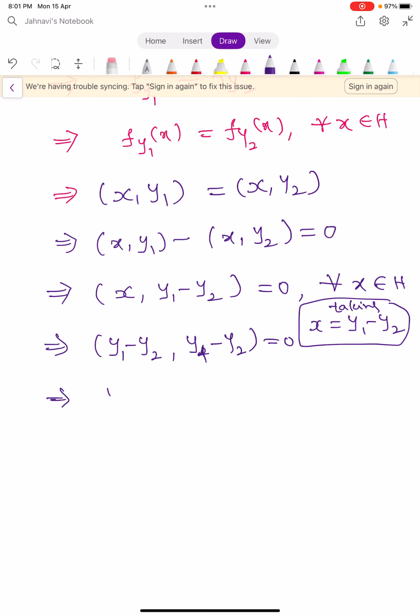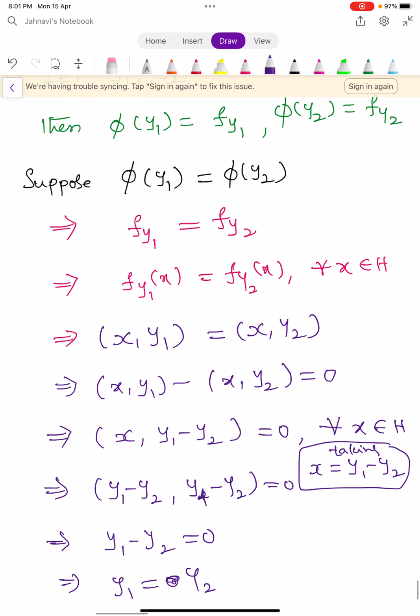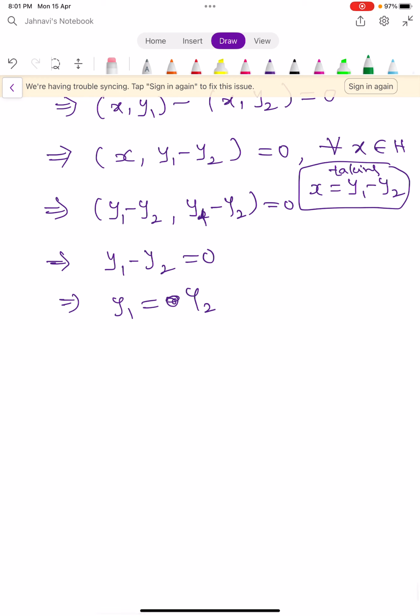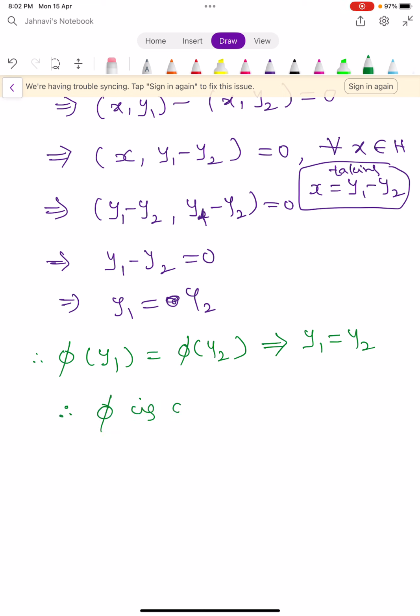This condition implies y1 minus y2 is equal to 0, which implies y1 is equal to y2. Therefore we prove that pi of y1 is equal to pi of y2 implies y1 is equal to y2. Therefore, we conclude that pi is a 1 to 1 mapping.